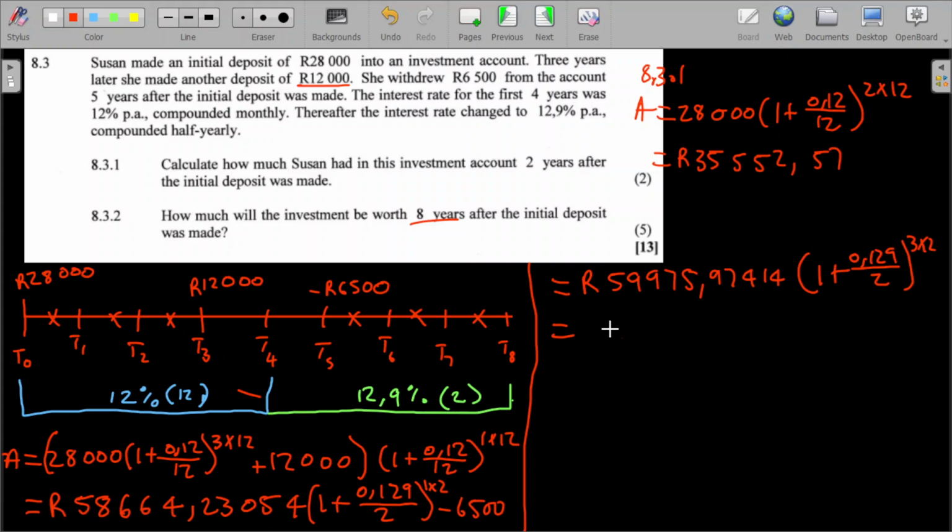This is the amount that is going to be in the bank after 8 years. So this is how much the investment will be worth. My investment will be worth this money after 8 years from when the initial deposit was made.